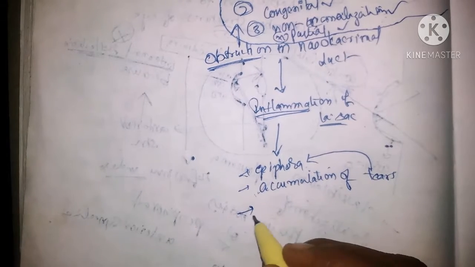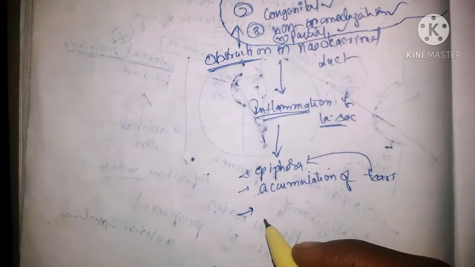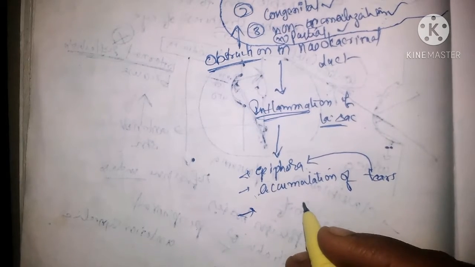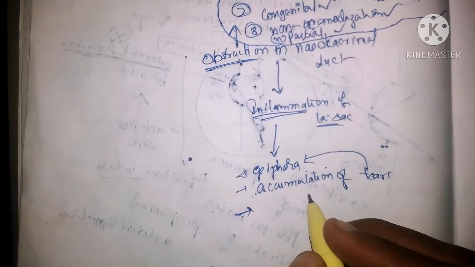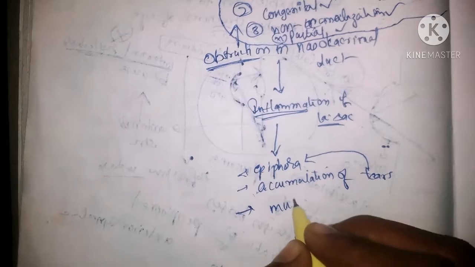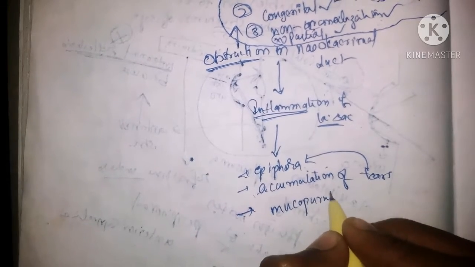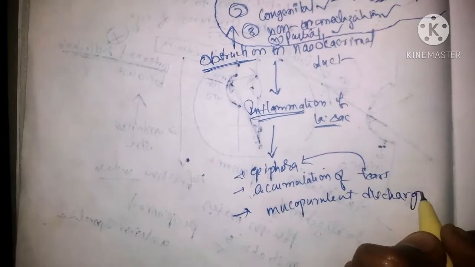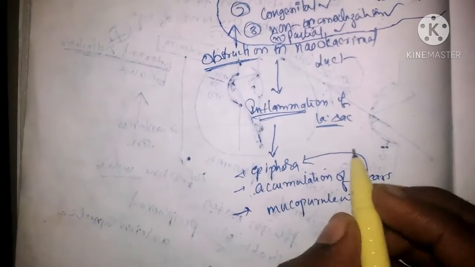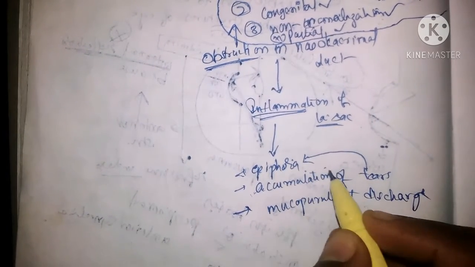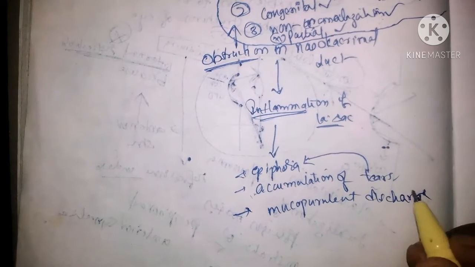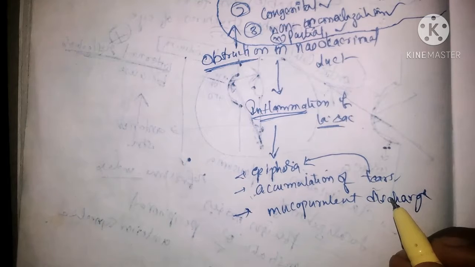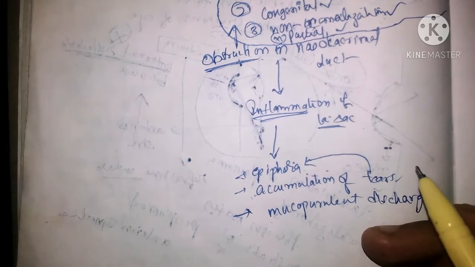Clear? If the tears accumulate in the sac, what happens? You will see some infection, and due to that infection there will be mucopurulent discharge. So the symptoms include epiphora, which is due to accumulation of tears in the lacrimal sac.